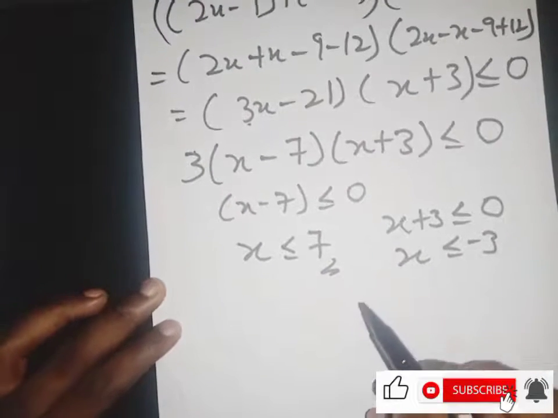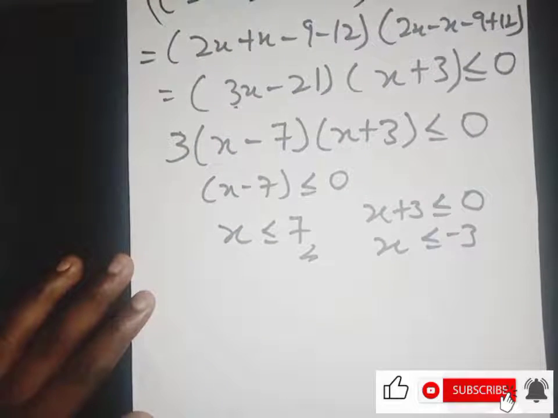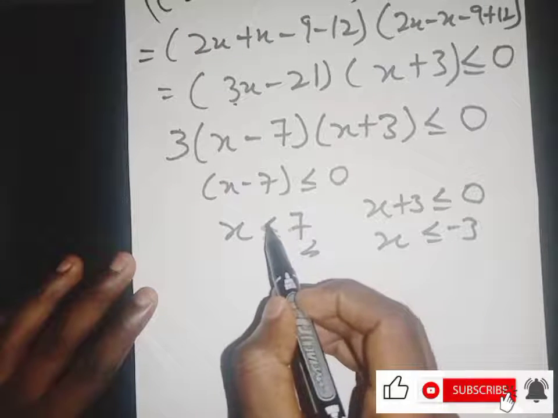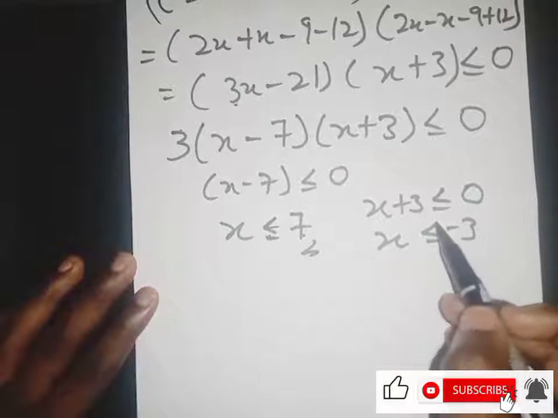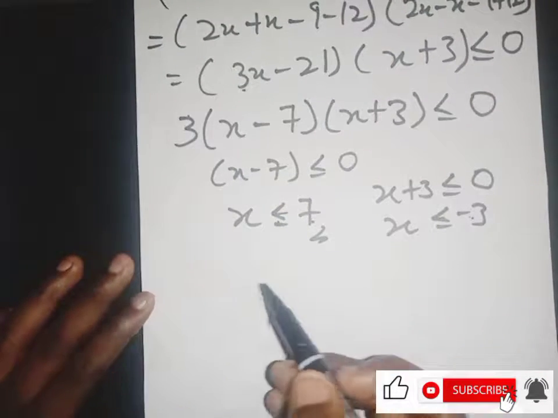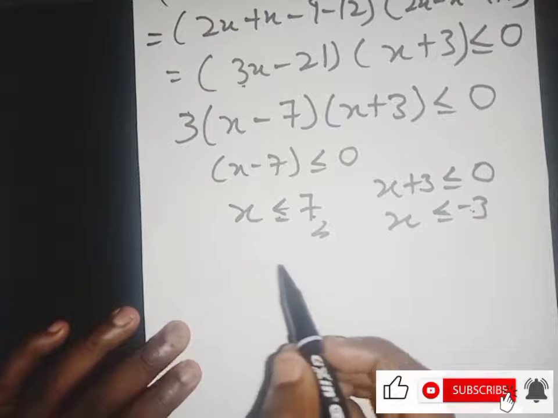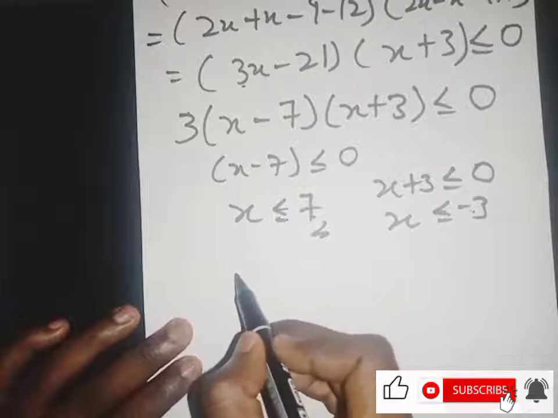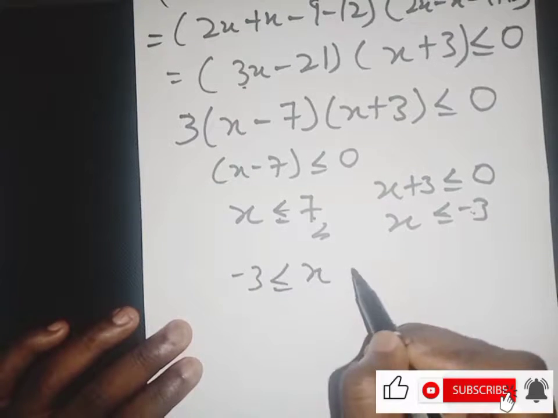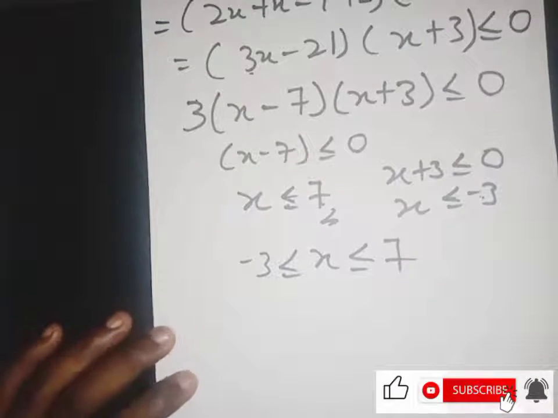So for the sign, all right, we realize that we've gotten a range of values of s, right? From s less or equal to 7, and also less or equal to -3. So which means that our general range of values can be written as -3 less than s, which is also less or equal to 7 in this case, right?